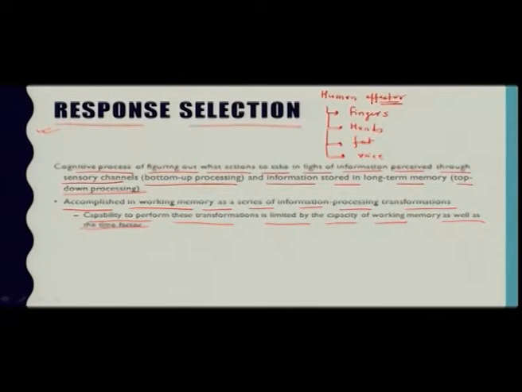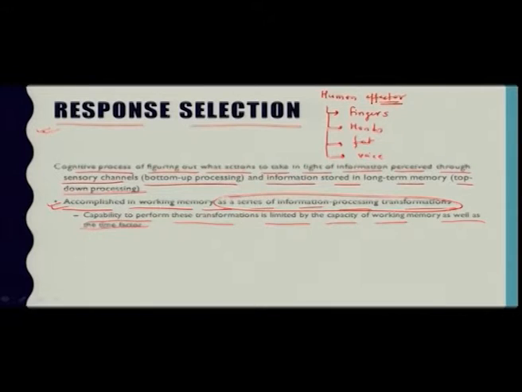Suppose a person is reading a novel, and here the only action is to continue reading. In that case, the response selection is accomplished in working memory as a series of information processing transformations.